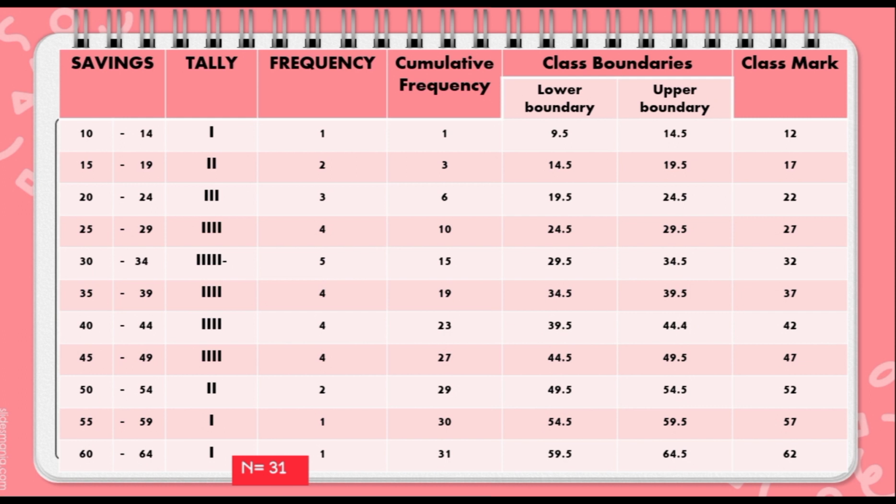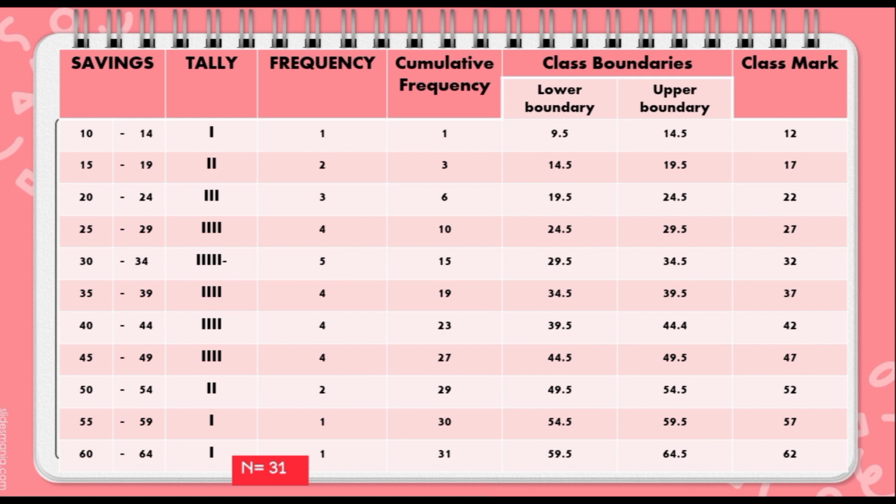And 29 plus 0.5, we have 29.5. So continue that, adding and subtracting 0.5 until we reach 50.5 and 64.5. That is how to solve for the class boundaries.